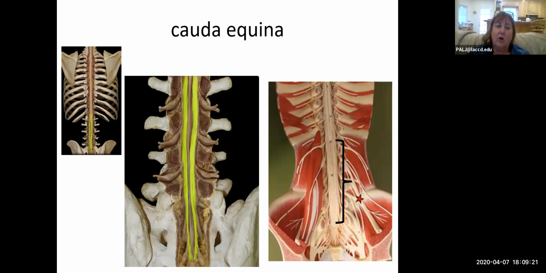And so obviously for the anatomist, it looked like that to them as well. And that's exactly what they named it, the horse's tail, the cauda equina. And so the cauda equina is everything that is completely surrounding that filum terminale, which is a piece of pia mater. All the yellow area, that's all spinal nerves coming out at various levels. So this whole bracketed area.